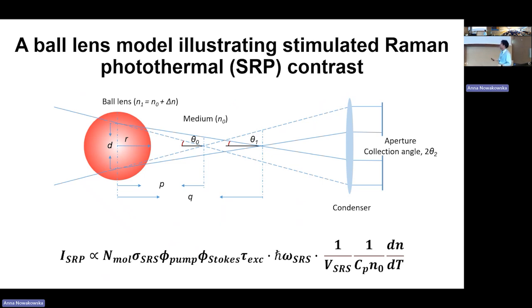The first term is the number of SRS events. The second term is the energy of each SRS photon. And the third term is the conversion of this energy into change of refractive index. I'm sure that we have a photothermal theory expert here today, Frank, and you will hear more from him this afternoon.